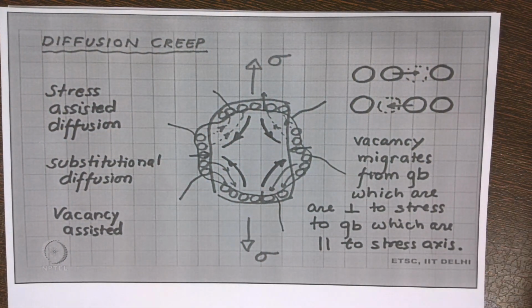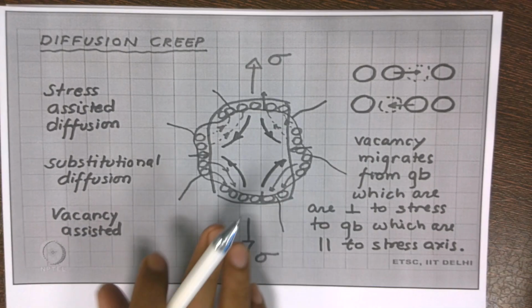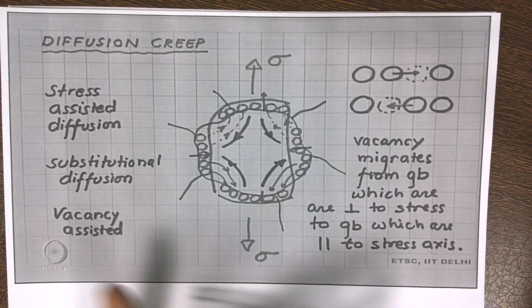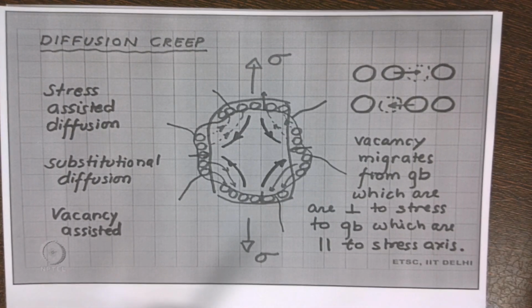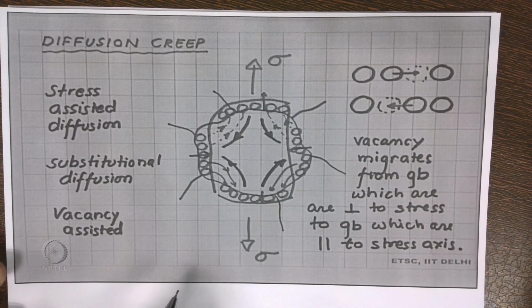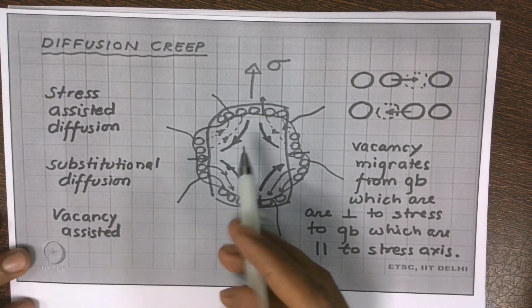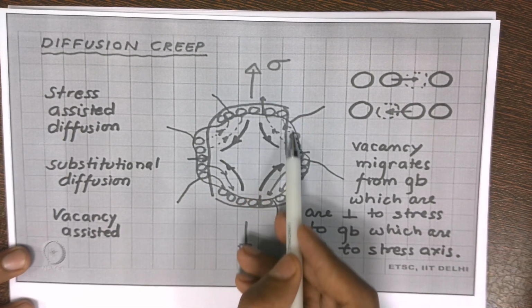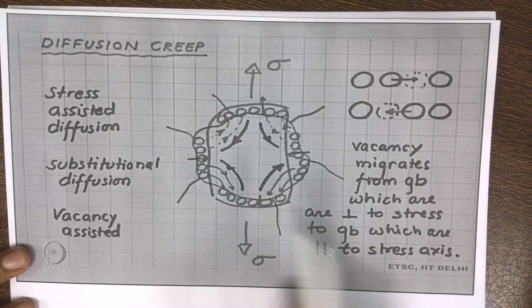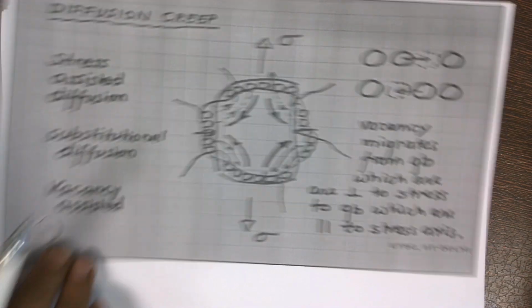Last year also I took this particular course as a TA, and there also we found that the diffusion part in creep is a little tricky. So what is happening over here? We took a grain, we took one particle, let's say. You can call it the grain also.